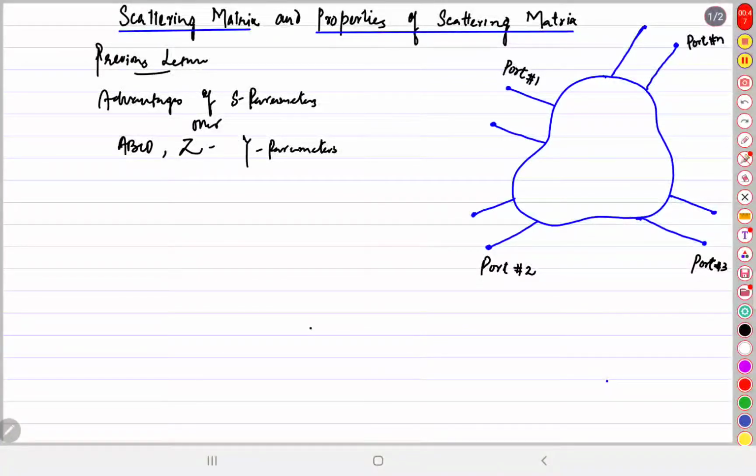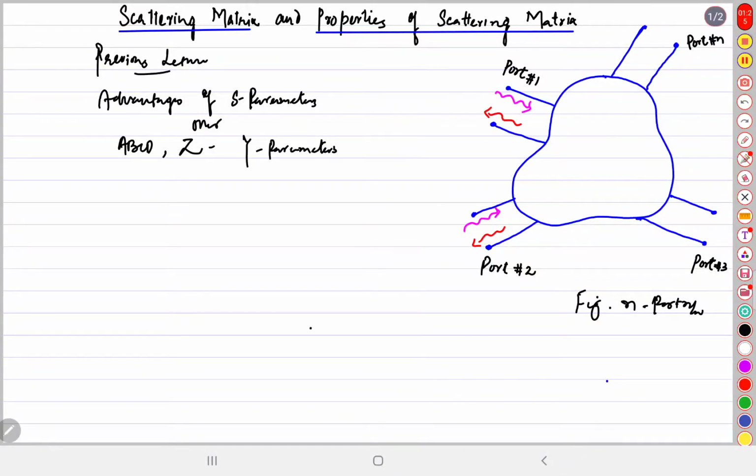For example, we have an N-port network shown here. In the figure, we have an N-port network. What we are trying to do is see the relationship between an incident wave and a reflected wave. Likewise, at all ports, we'll be having an incident wave and a reflected wave. I am designating the incident wave in pink color and the reflected wave in red color.